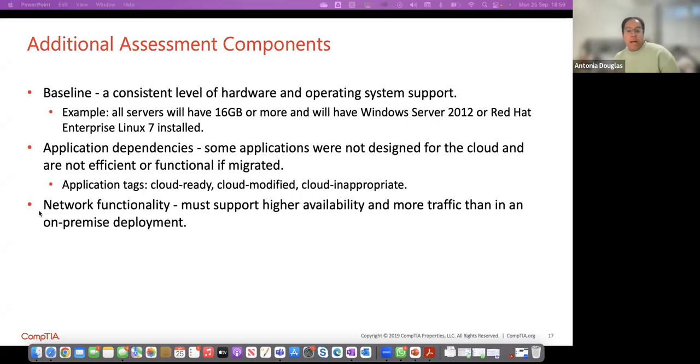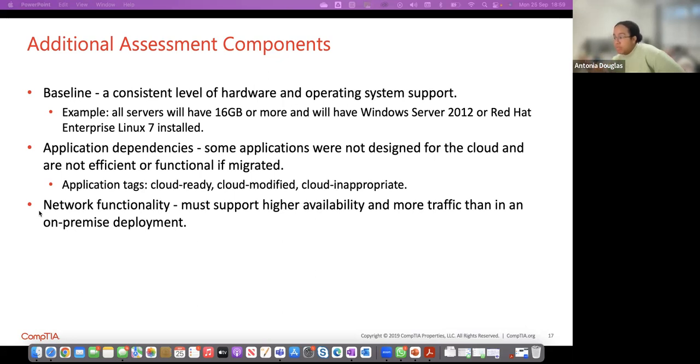And lastly, here we have network functionality, so it must support higher availability and more traffic than in an on-premise deployment. High availability, we're going to go into a bit more detail later on. But the network, as we previously mentioned, there's certain features that you want your network to maintain.